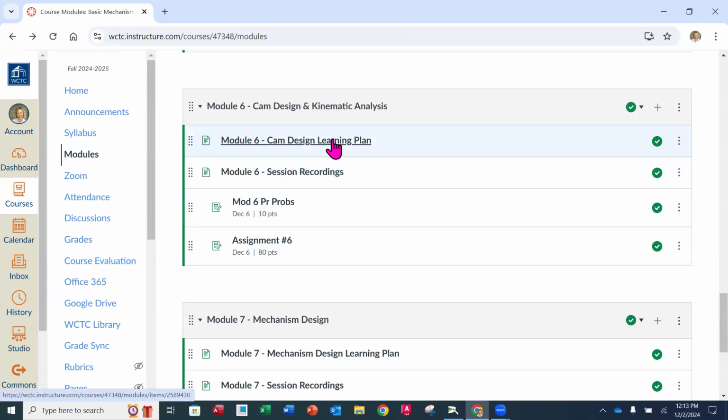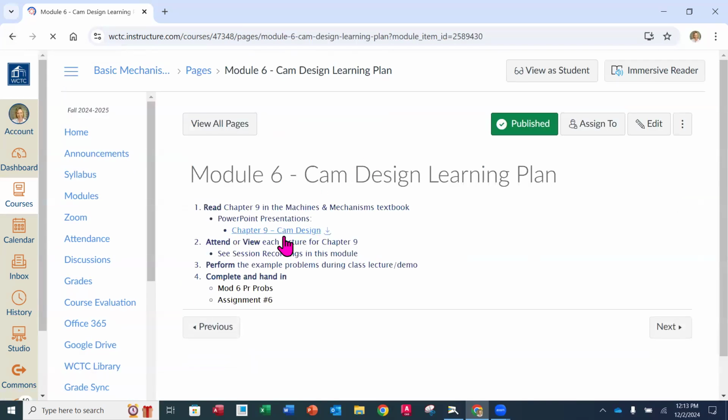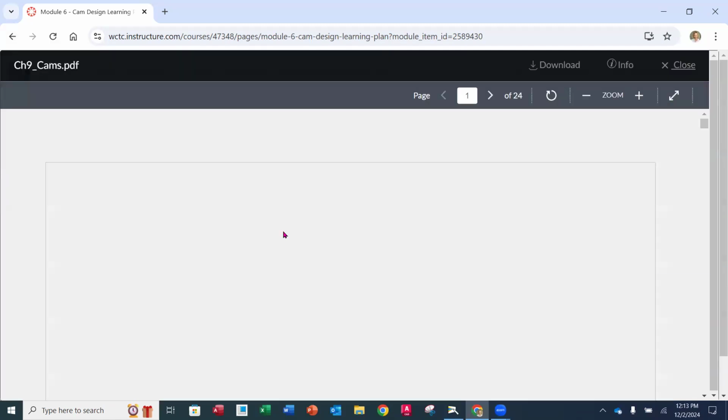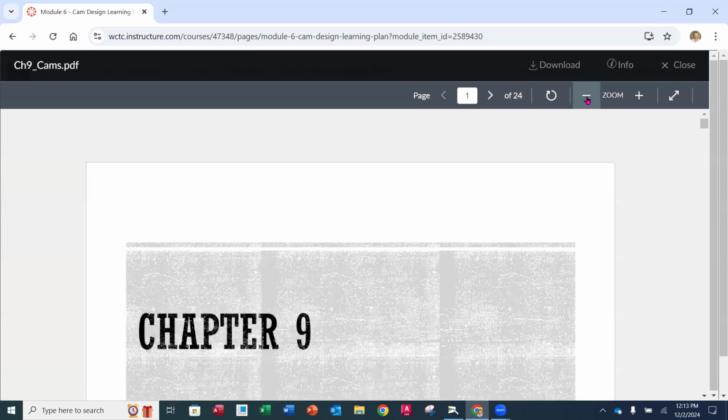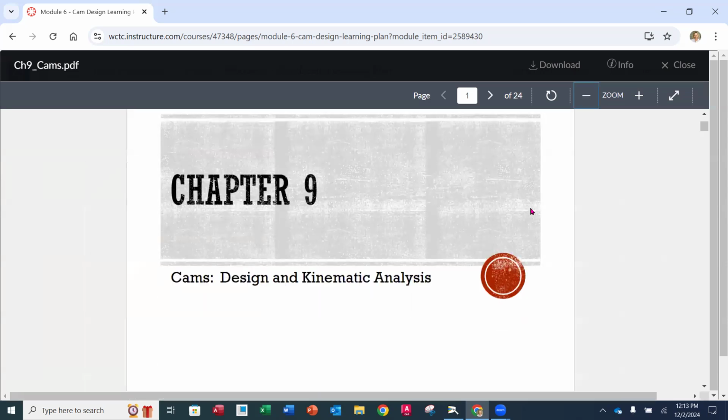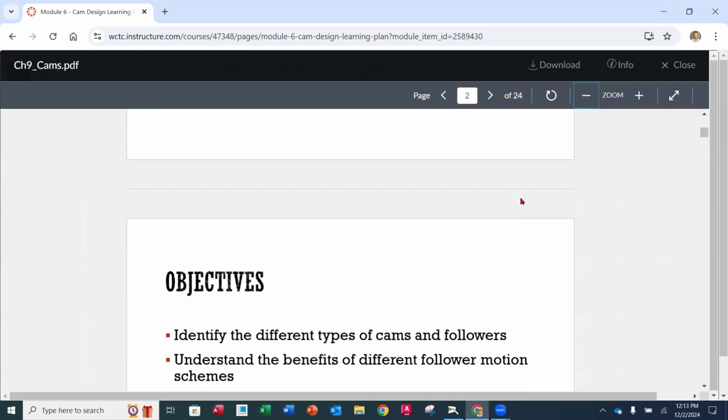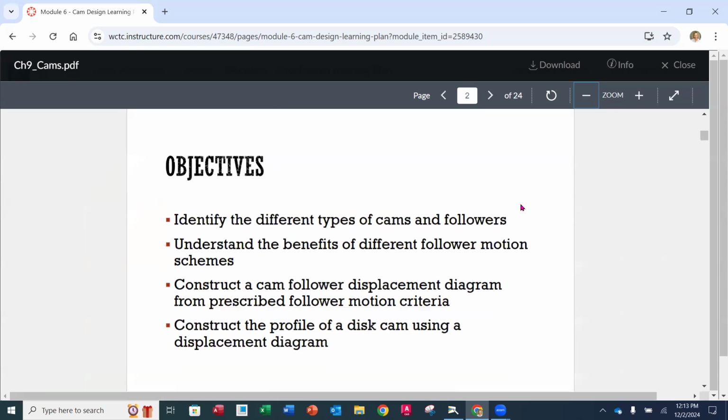So let's go back to our learning plan and open up that PowerPoint presentation. Chapter 9 in your textbook starts on page 223. And then we'll be going back and forth here. The objectives of this module are, first of all, to identify different types of CAMs and followers. Understand the benefits and different follower motion schemes that there are, and there are a number of them.